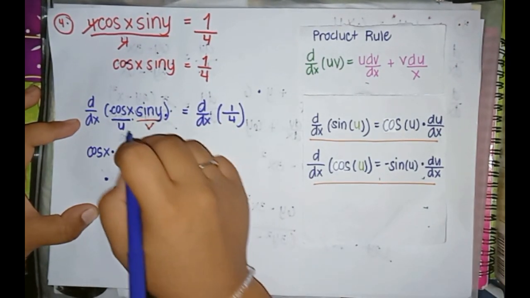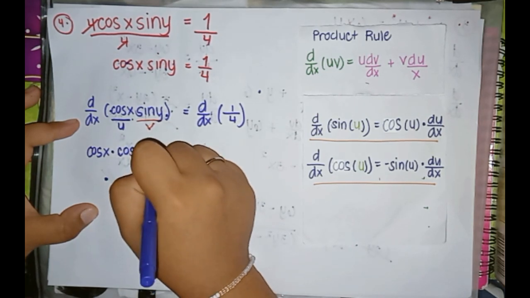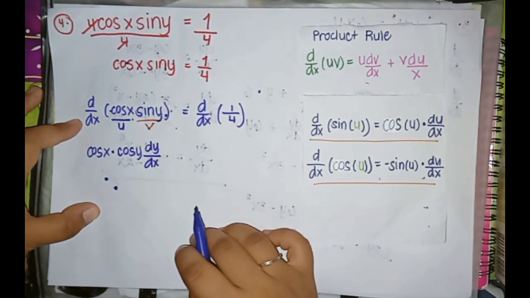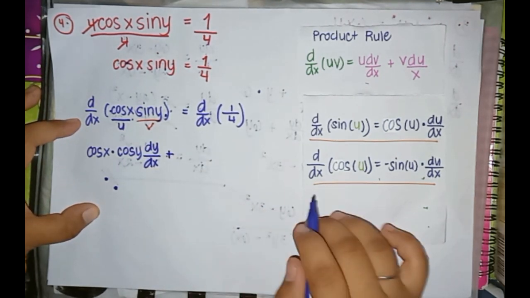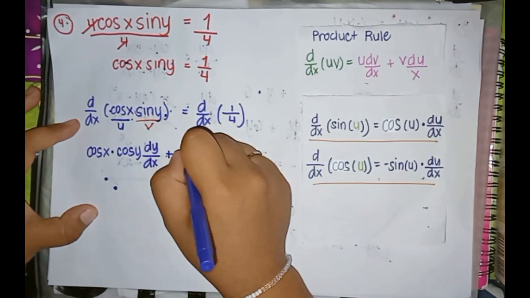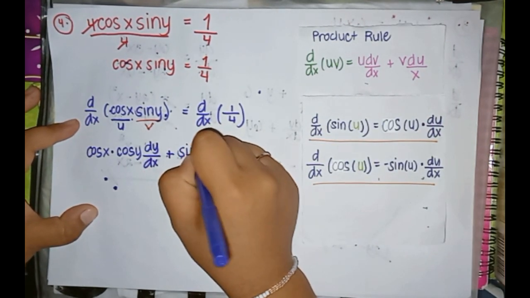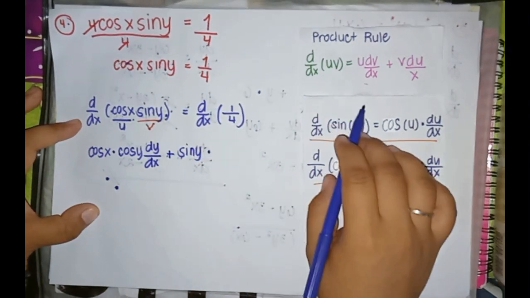So the derivative of y, we all know that it's dy over dx. Proceeding with our product rule, that would be plus our v, which is sine y multiplied by the derivative of our u.